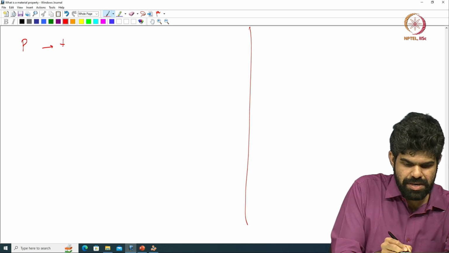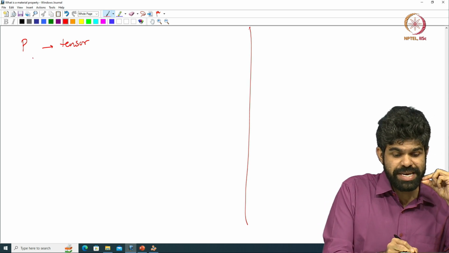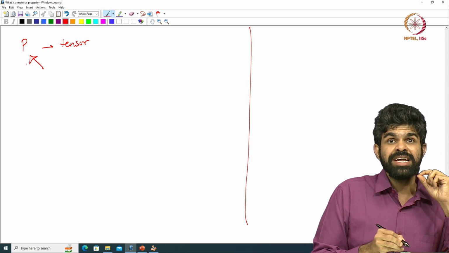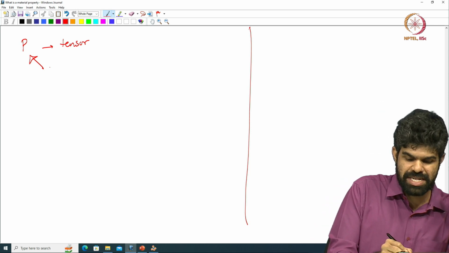So, now let us come back to Neumann's principle. What does it mean? I have any property which is a tensor. This property should at least show the underlying symmetry; the underlying point group symmetry dictates what components of this tensor exist.